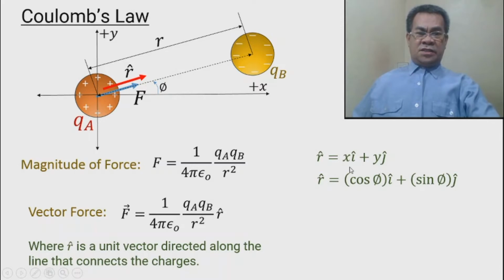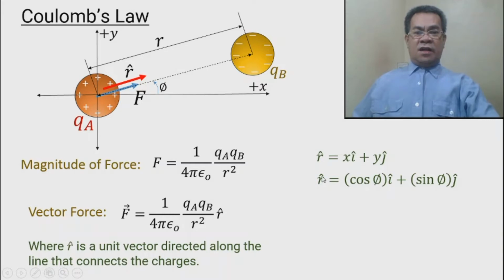So then, x therefore becomes 1 times cosine. Remember, this is adjacent. So the component of x must be cosine. And we have only the cosine value because this is understood to be 1 unit. So cosine theta i hat will be our x component of our unit vector r hat. And for y, it should be sine because y is opposite. So therefore, this is actually 1 times sine theta j hat. But because 1 multiplied by any number will stay its value, we can ignore the 1.